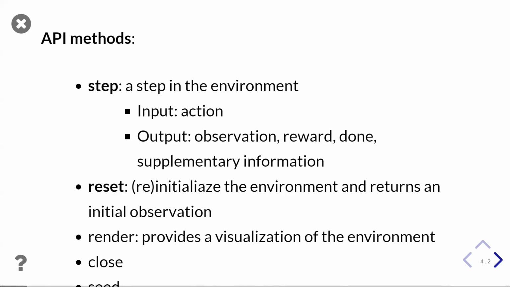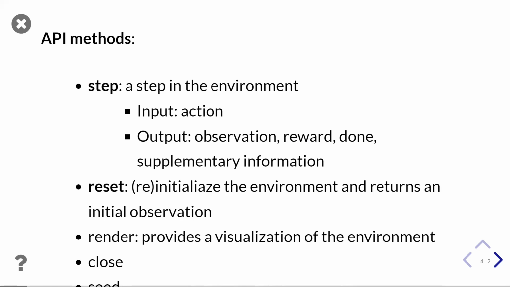You can also fail. For example, if you have the same grid but with a burning fire, and the agent falls in that case, well, the agent dies. So you will also receive done is true because you have simply failed and the episode is over. Then you have the reset method, which will initialize and reinitialize the environment and return your first observation. Those are the two most important methods.